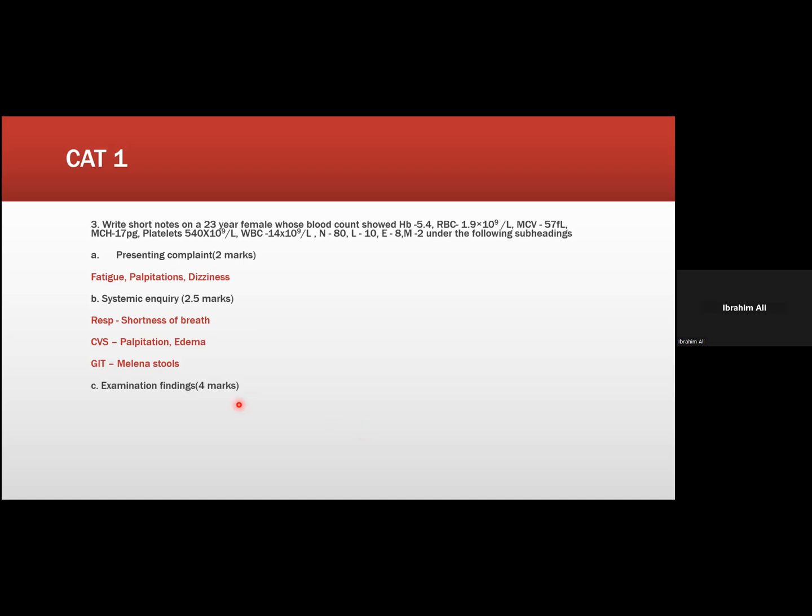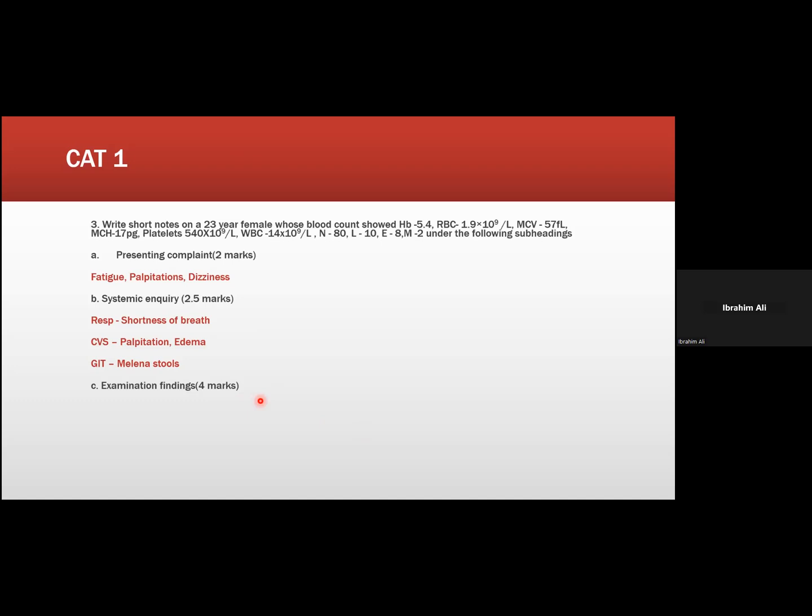Another finding you can see on this patient? Very good, thank you. Your patient will be pale in the three areas I told you: the palm of the hand, the conjunctiva, and the dorsum of the tongue.